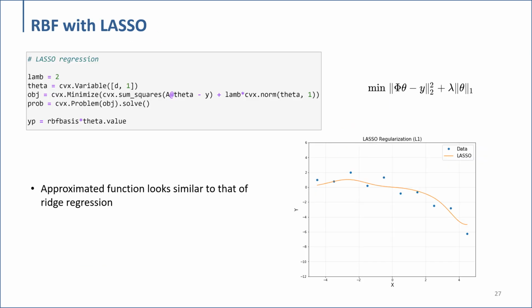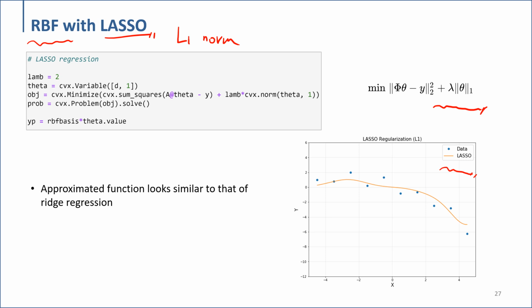Here is the model result with RBF and lasso, which means using the L1 norm for measuring the magnitude of the coefficients. We can clearly see that the lasso regression model also represents the data well, so it avoids the overfitting problem.